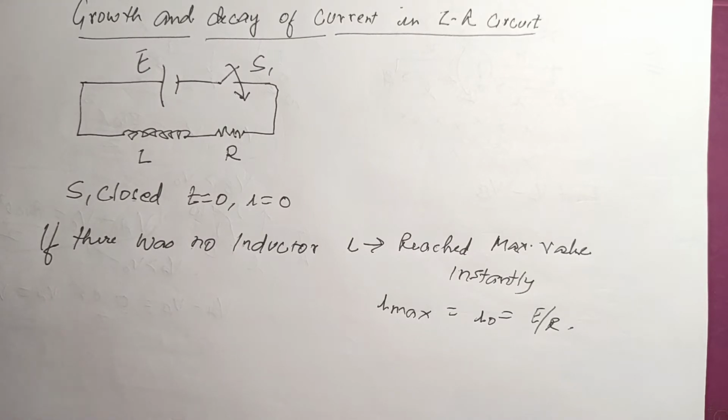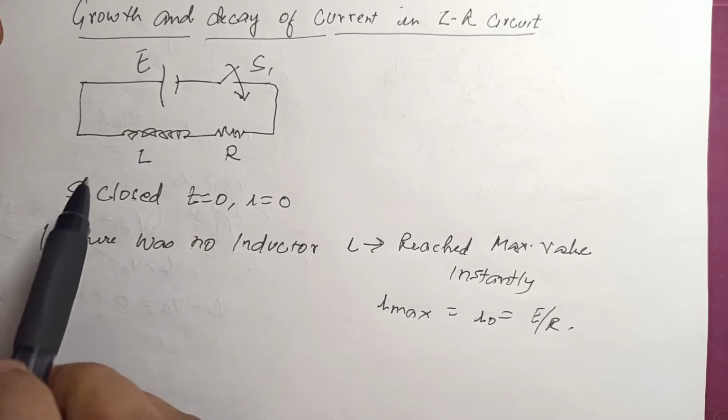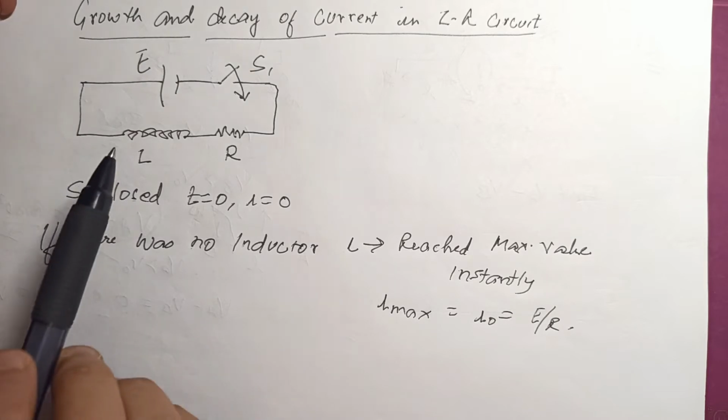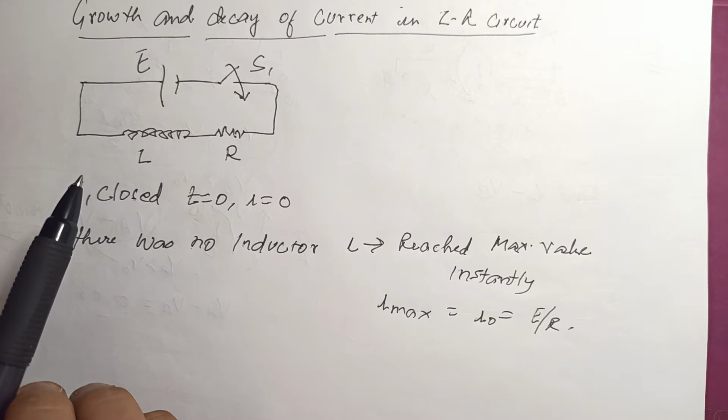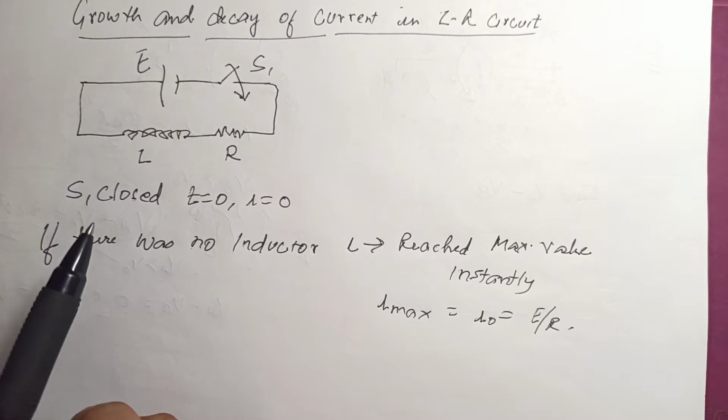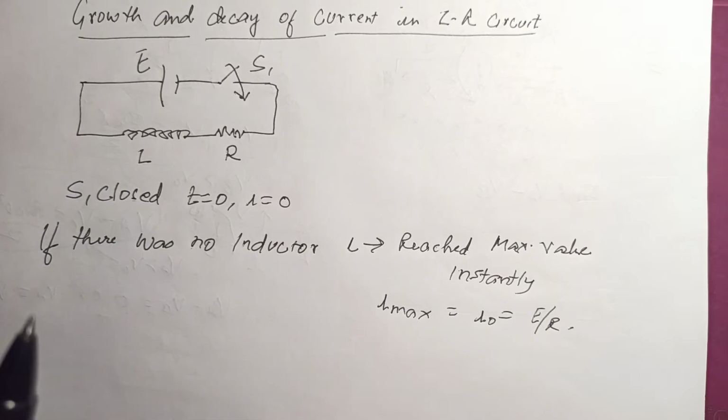Now, before going forward, let me reiterate what is the role of inductor. So what does inductor do? Inductor opposes current and thus it takes time for the current to grow.